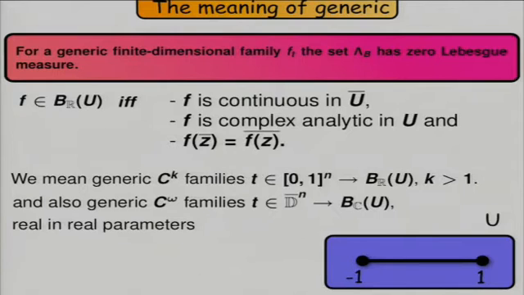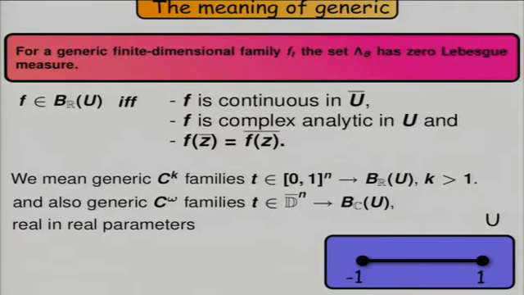So I just consider, for instance, the interval where the multimodal maps are defined and pick a complex neighborhood of this interval. And you define the Banach space of all the functions that are continuous in the closure of this complex domain, complex analytic inside, and real on the real line. So this is a Banach space with the sup norm.